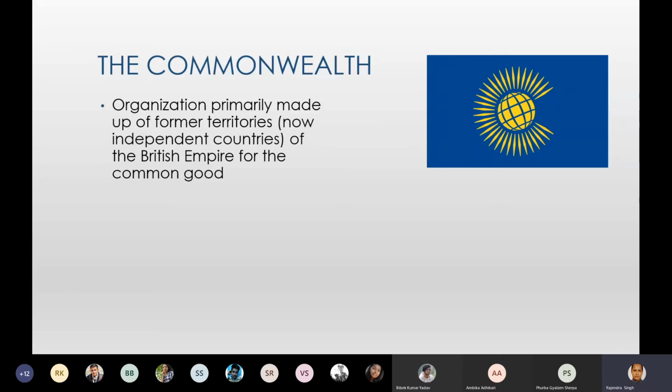All of these countries are now independent, with their own governments. The term Commonwealth is used to refer to those countries which were at one point part of the British Empire. It is an organization that was formed for the common benefit or common welfare of the individual nations that were once part of the British Empire. So India is a part of the Commonwealth.